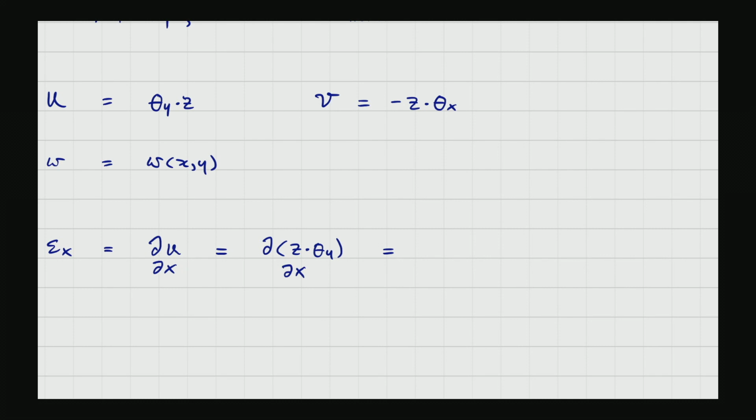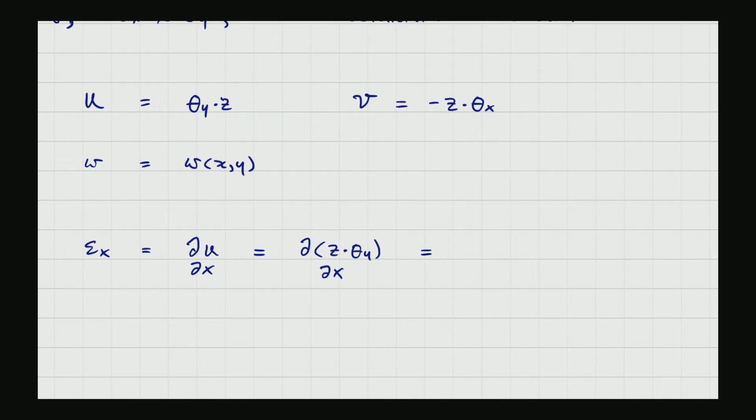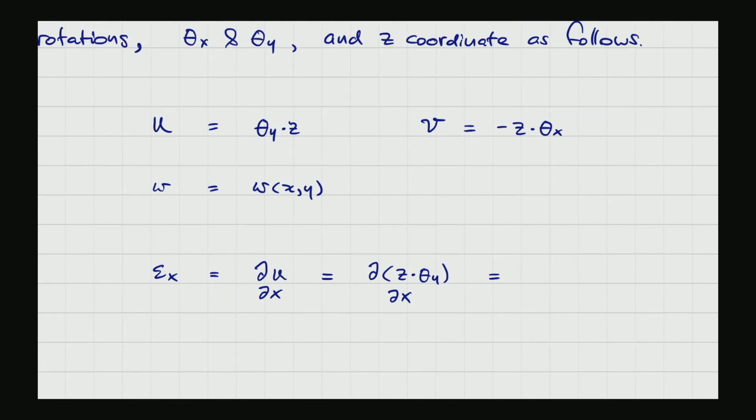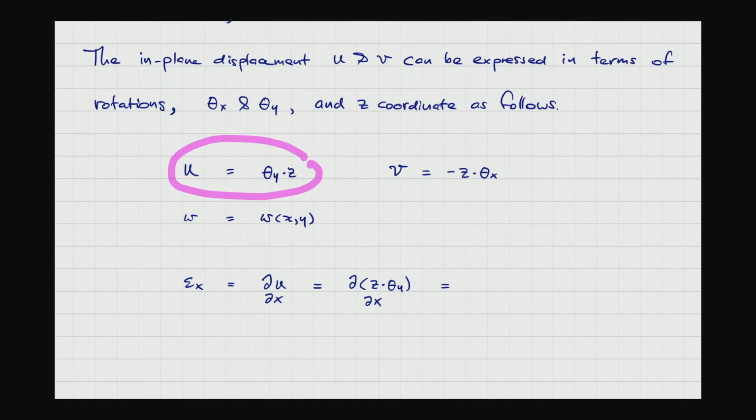Is the height z always a half of the thickness? No. We are going to conduct the integral over the z direction. So the u we had in here is the u at any layer. So this is the thickness, and if we assume that we are talking about u, we have the rotation theta y, right?